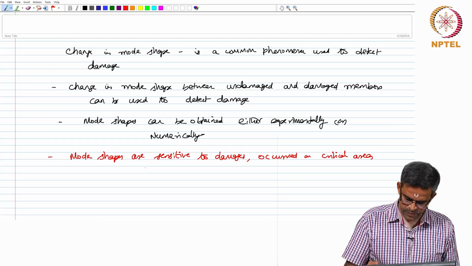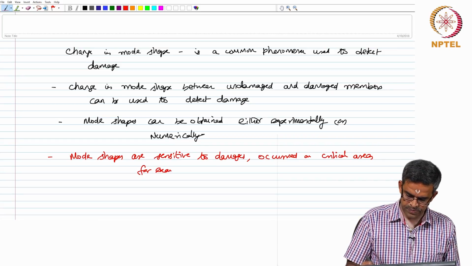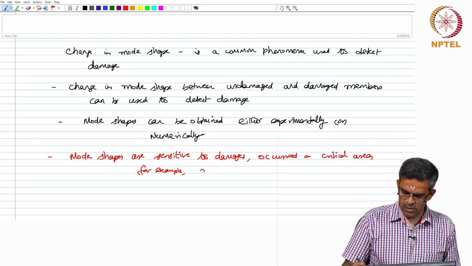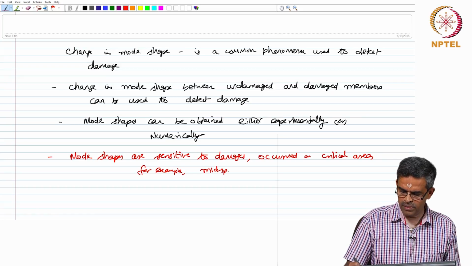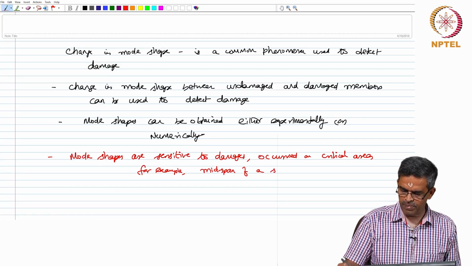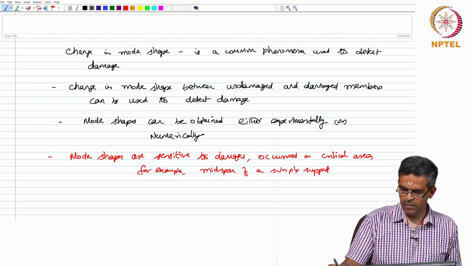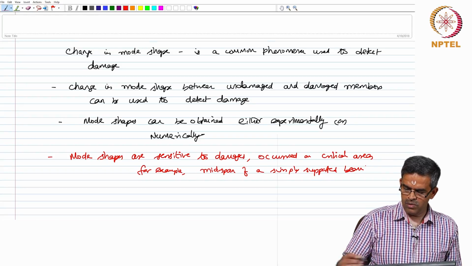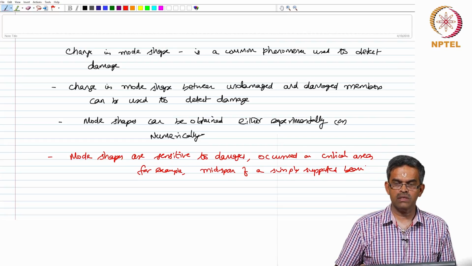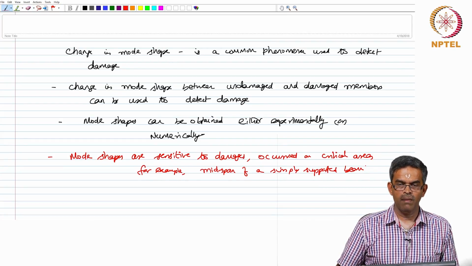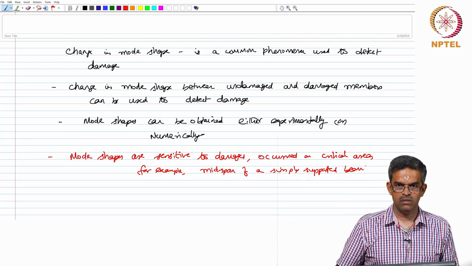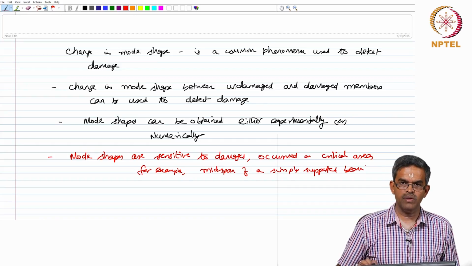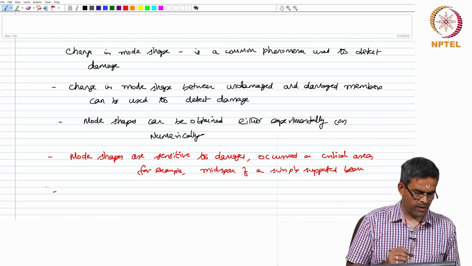That is, say for example, midspan of a simply supported beam. So, damages occurred at other locations in a given member may not influence the change in mode shape between the damaged and undamaged conditions.